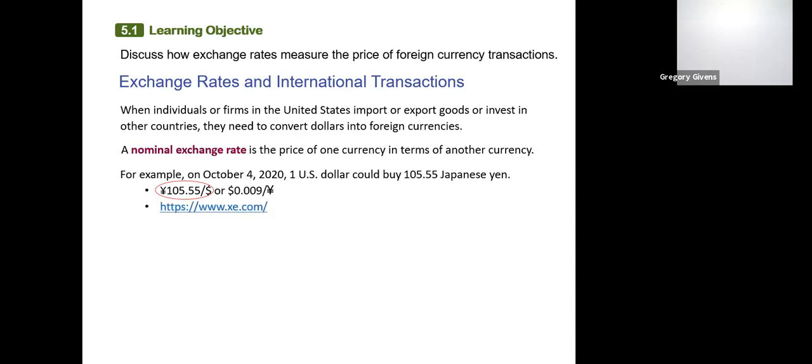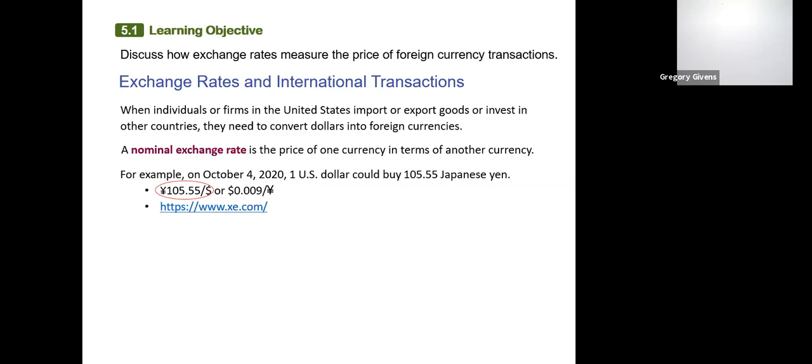Now, in practice, some exchange rates have their own convention. If you go out and look at data on the US Euro exchange rate as an example, typically that's published in this form. That is dollars per euro, okay? But I want everybody to not be confused by this. So when we talk about exchange rates in this class, it's going to be units of the foreign currency per unit of the domestic currency, which in most examples we'll just assume is the US dollar, obviously.